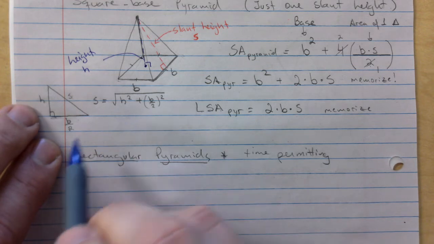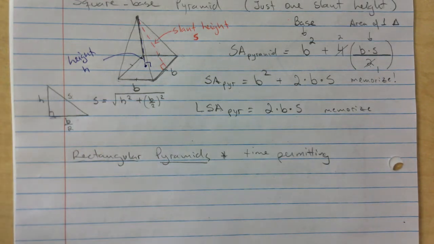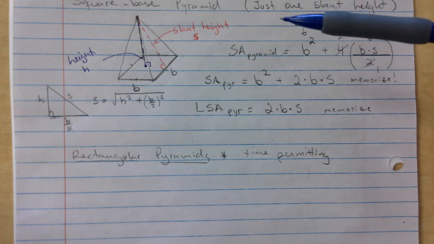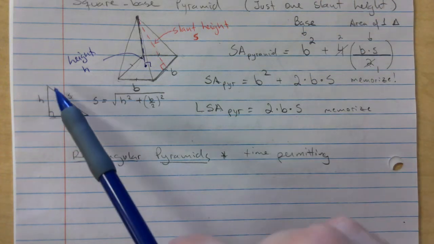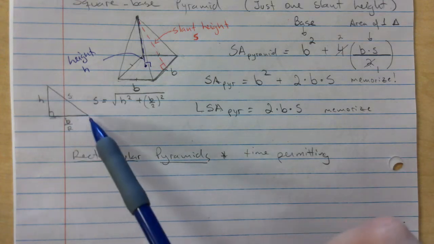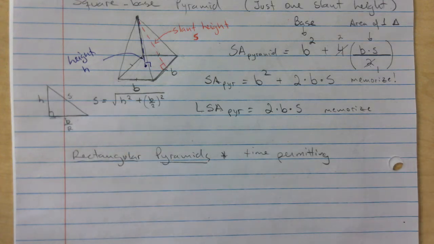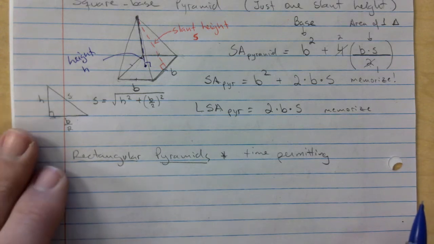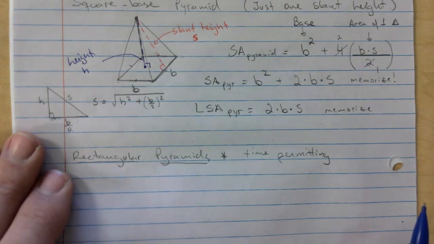While we do examples, that's going to come up again, because you're essentially finding the hypotenuse of that triangle. So there's that.